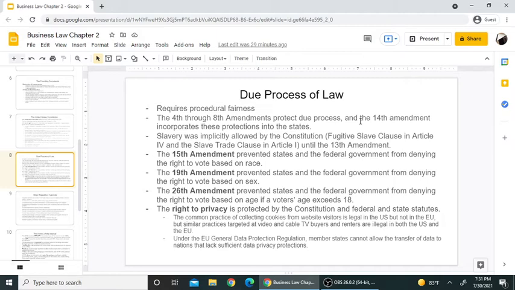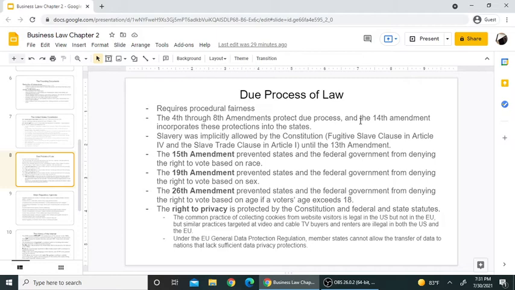They'll try and market things to you based on that data. Video and cable TV providers are not allowed to do that in the U.S., but website providers are allowed to do that in the U.S. But in the EU, a lot of these things aren't allowed. There was a major law that the EU passed in 1995 that prohibited this practice.